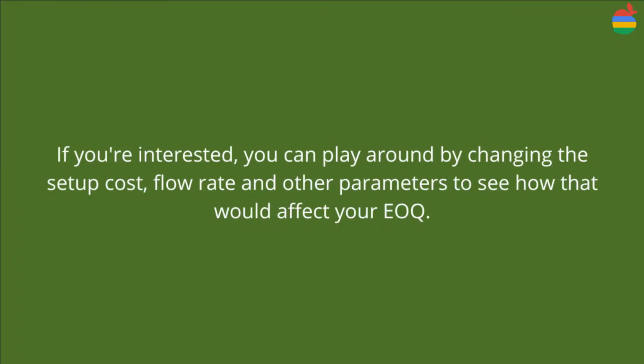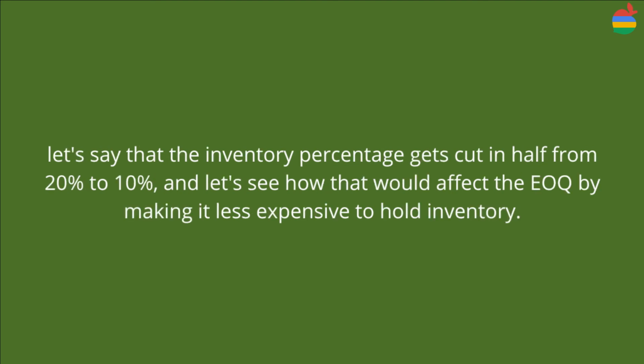If you're interested, you can play around by changing the setup cost, flow rate, and other parameters to see how that will affect your EOQ. Just as one last example, let's say that the inventory percentage gets cut in half from 20% to 10%, and let's see how that will affect the EOQ by making it less expensive to hold inventory.